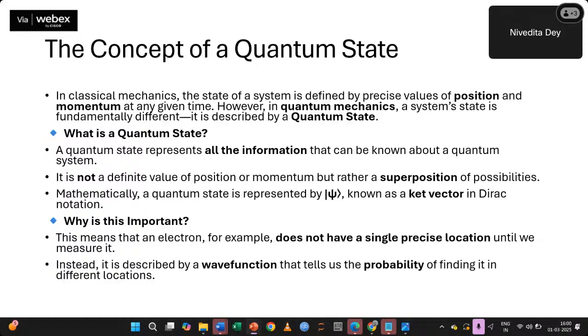Clear? Now, these are the individual states: 0 0, 0 1, 1 0, and 1 1. If I ask you what the superposed quantum state will be, superposition means superposed with all the 4 quantum states, 0 0, 0 1, 1 0, and 1 1. How can you represent it in column vector form? Can any one of you tell me?